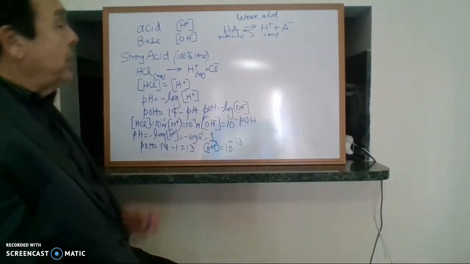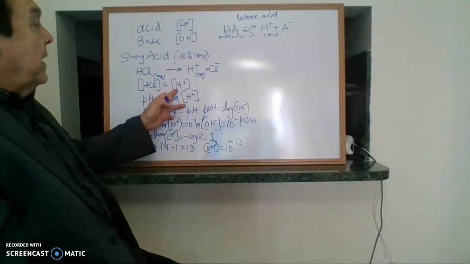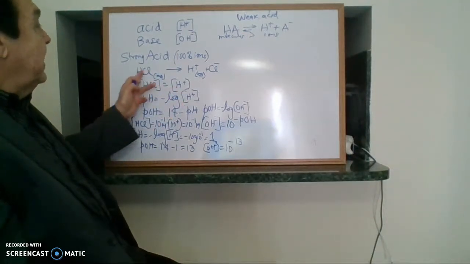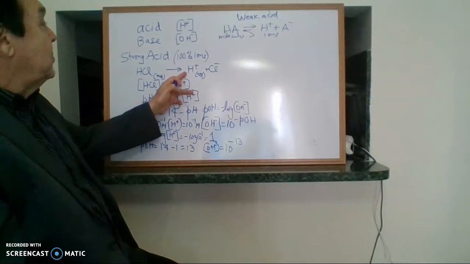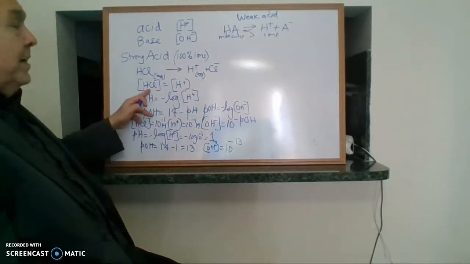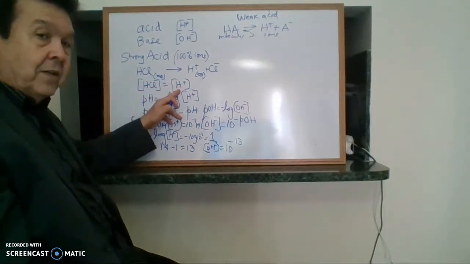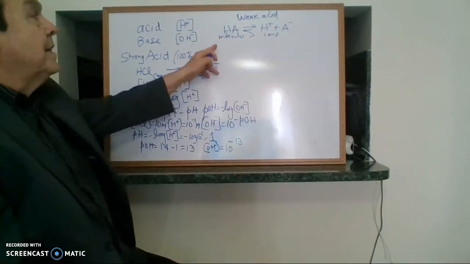So, you cannot use the same formula that you have used here for the pH. Since the strong acid is 100% ions, you can say that the concentration of the acid is the same as the concentration of the hydrogen ion. Not in this case.